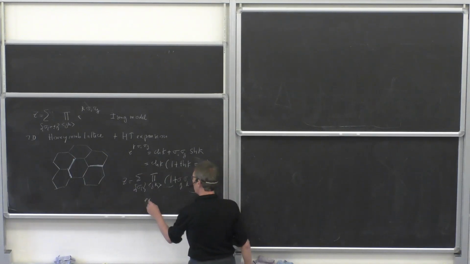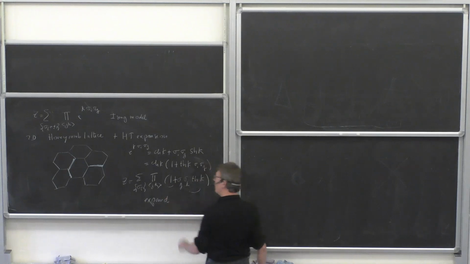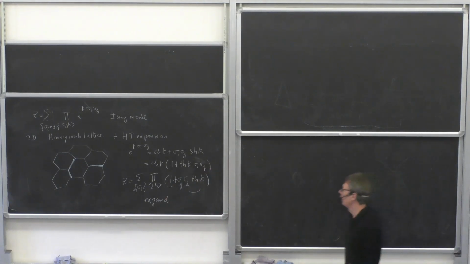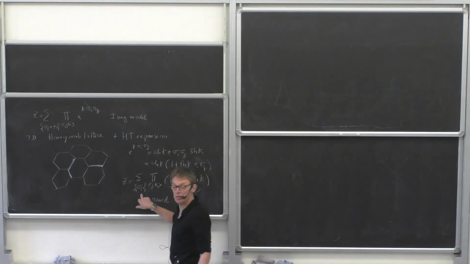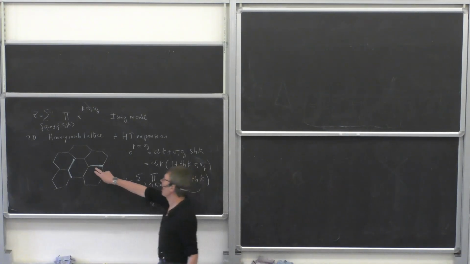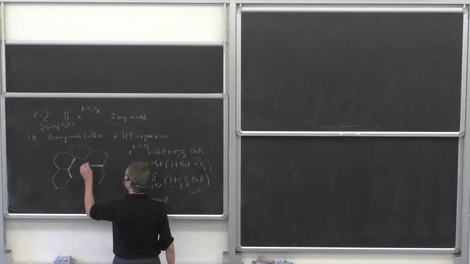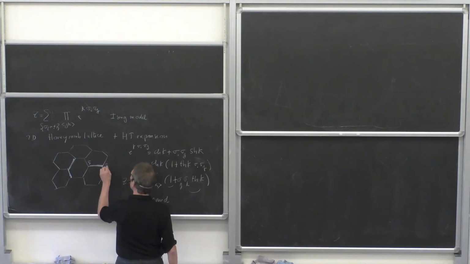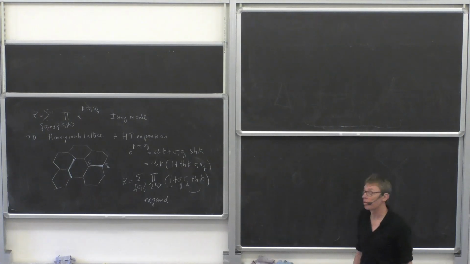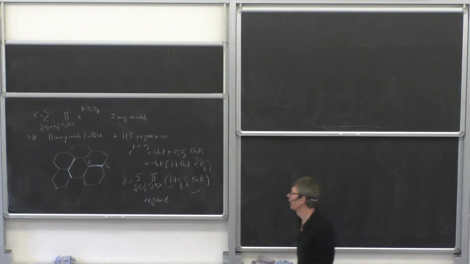We expand, we have 2 to the n terms, where n would be the number of edges. And then we perform the sum over the sigmas. So, of course, whenever we have a dangling edge like this, with its 2 sigmas attached, and we sum over sigma equals plus or minus 1, the contribution of the diagram disappears.